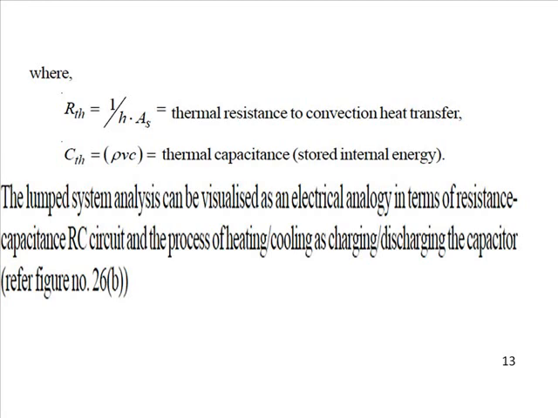So tau th, the thermal time constant, equals Rth into Cth, where Rth is the thermal resistance offered and Cth is the thermal capacitance. So friends, this is the theory related to lumped capacity analysis, the analytical approach to find out temperature variation under unsteady state heat transfer.